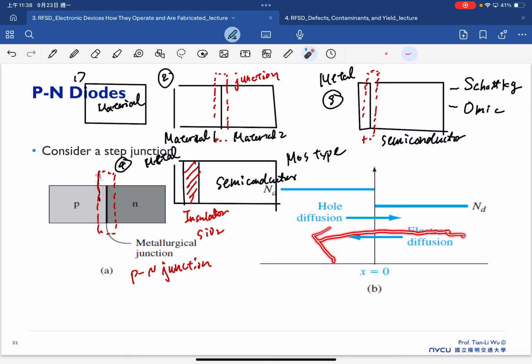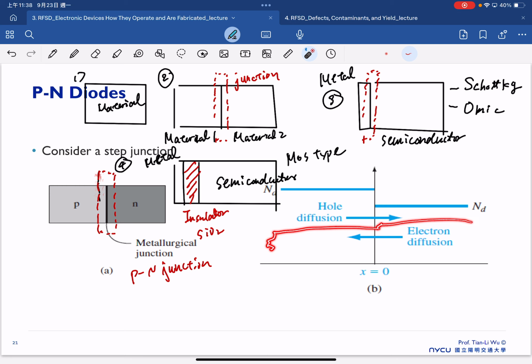But if only diffusion happens in between, that means all of the holes will diffuse to the right and all of the electrons will diffuse to the left. After a certain moment, the hole concentration here will be equal to the hole concentration here, and the electron concentration here will be equal to the electron concentration here.